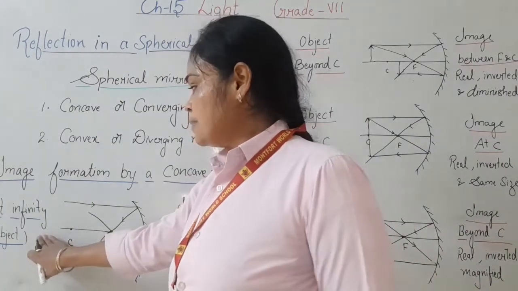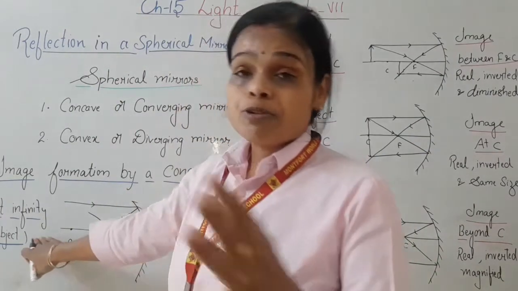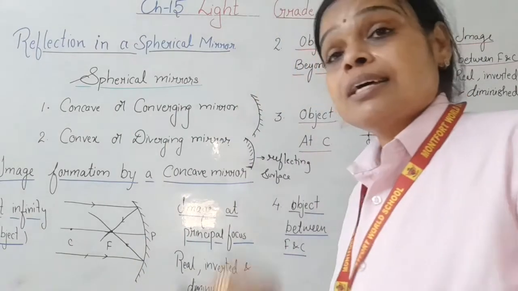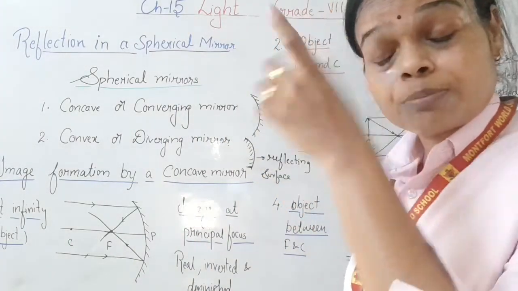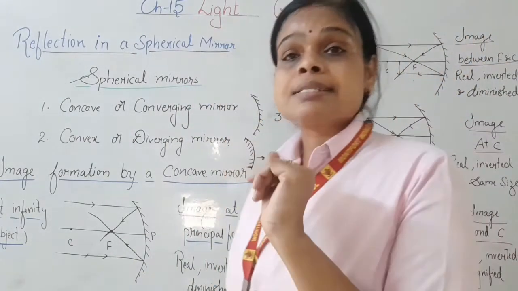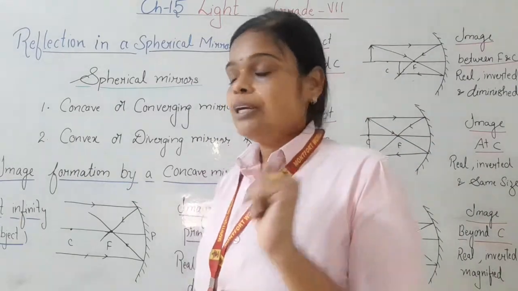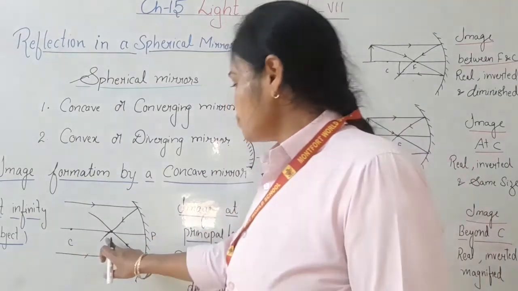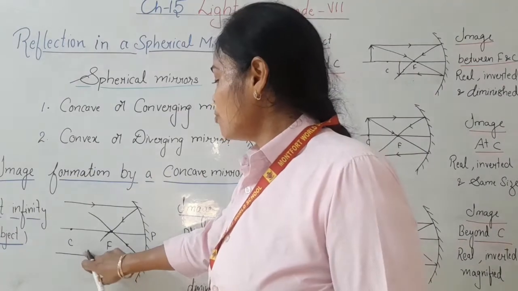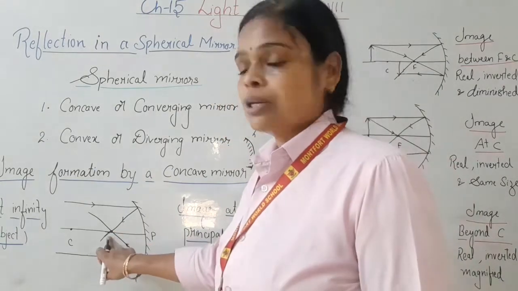For example, if we take the object as the sun, which is present at infinity, then the image formed of that object will be at focus.